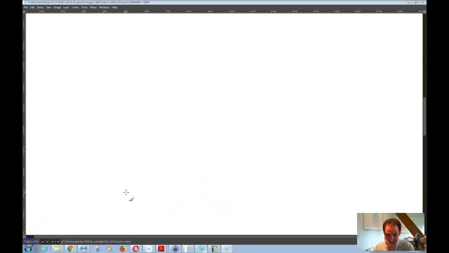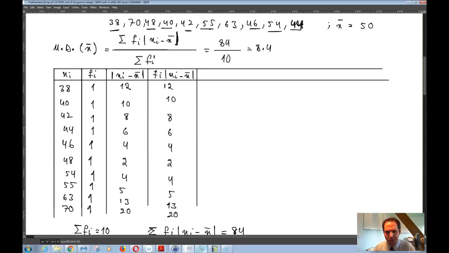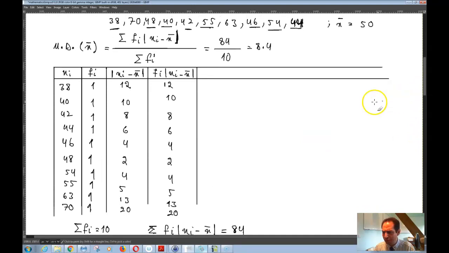Oh, I'm sorry, I was talking and I was not recording, so I don't know where I left the video, but I think that basically x bar, you can calculate it by adding all of these numbers together and dividing by the number of those numbers. That gives you 50.